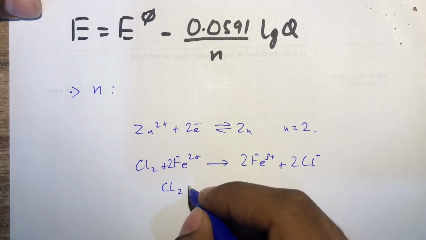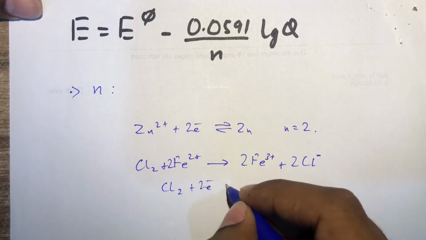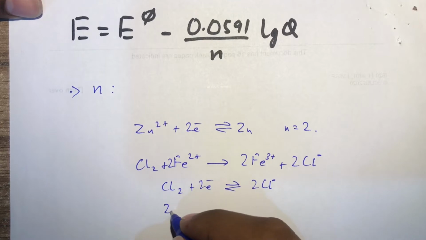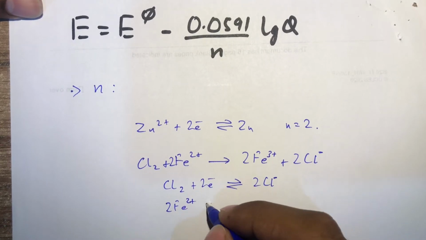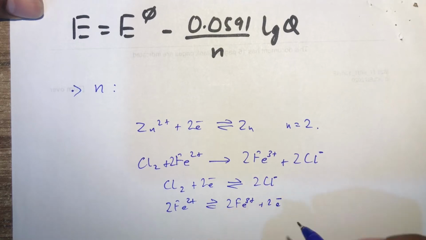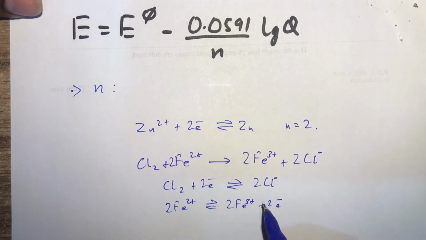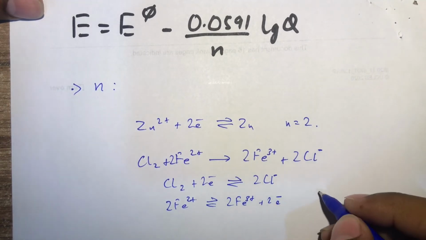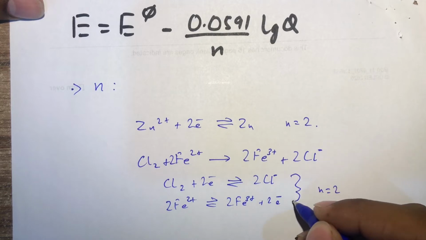So chlorine plus 2 electrons, we know, converts to 2 chloride ions, whereas for iron it's 2 Fe2+ converting to 2 Fe3+ plus 2 electrons. So here you can see that 2 electrons were being transferred from iron 2+ to chlorine, so that's why n will be equal to 2.